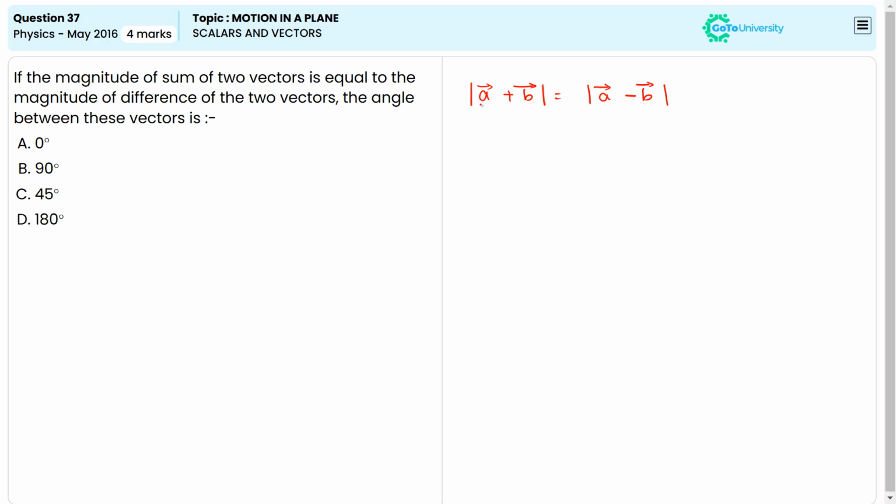And this one we can write as under root of A square plus B square plus 2AB cos theta is equal to under root of A square plus B square minus 2AB cos theta.